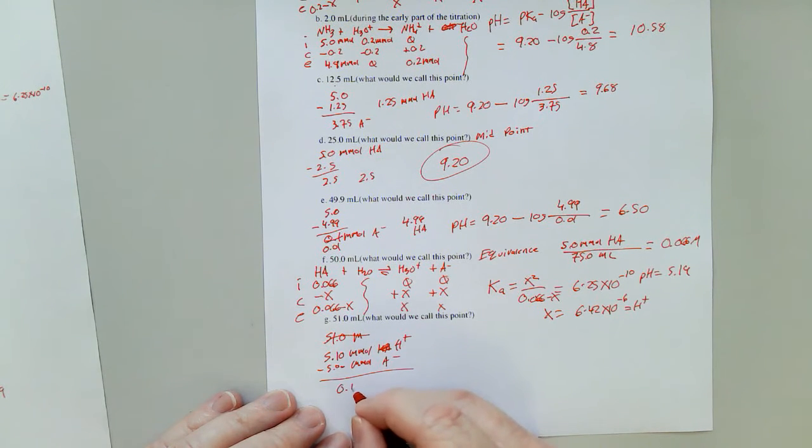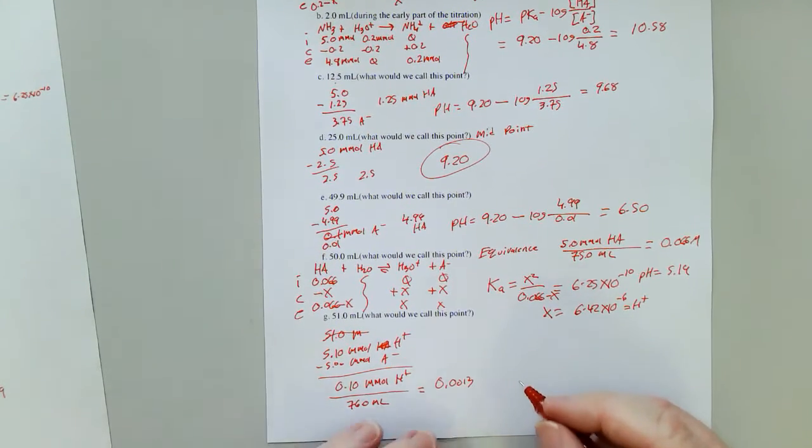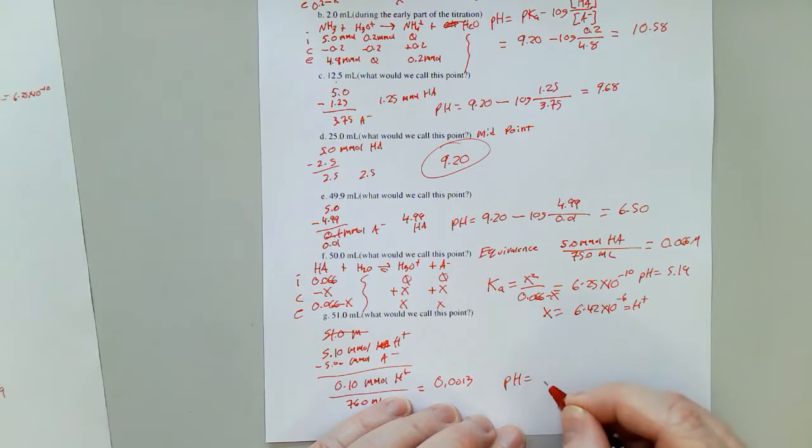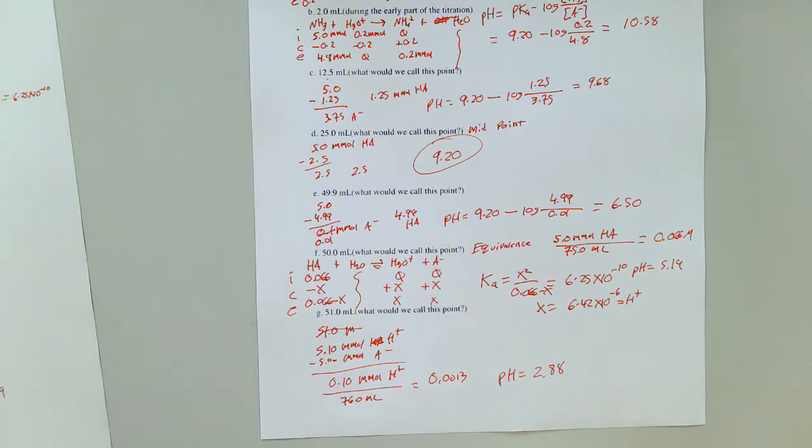So that means I have 0.10 millimoles of H plus divided by, it's going to be 76 milliliters. That equals 0.0013. Take the negative log of that, and the pH equals about 2.88. All right.